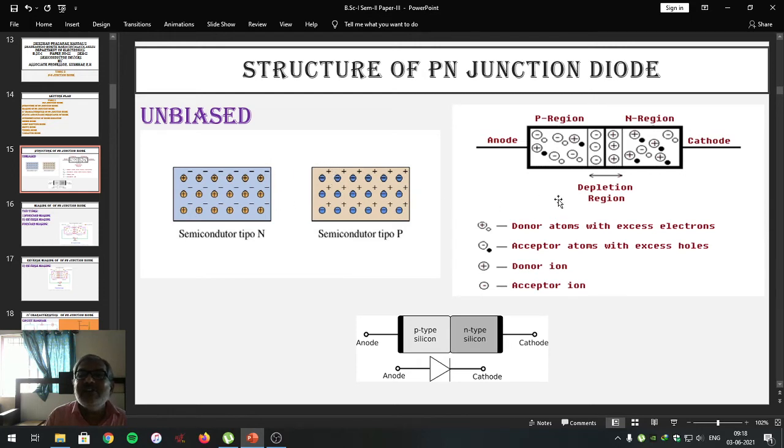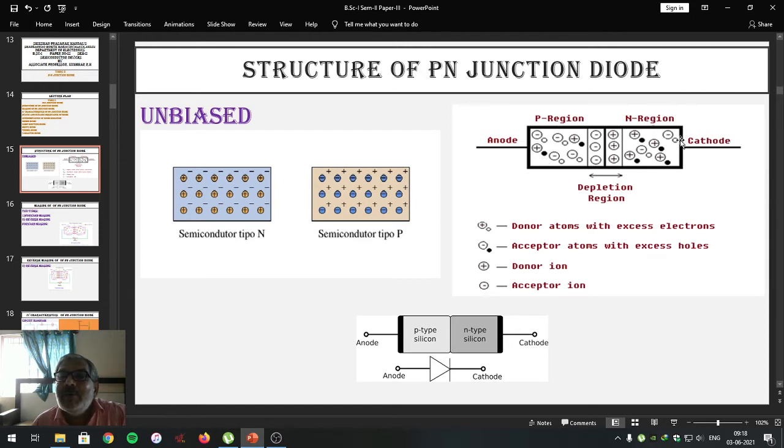This structure is represented here. Look at here. Here is the P type of semiconductor having holes as the majority charge carriers along with negative ions, with electrons as a minority charge carrier. These dots are represented as the electrons.